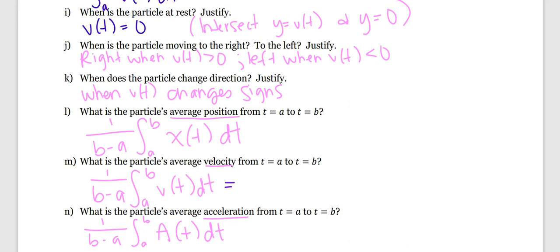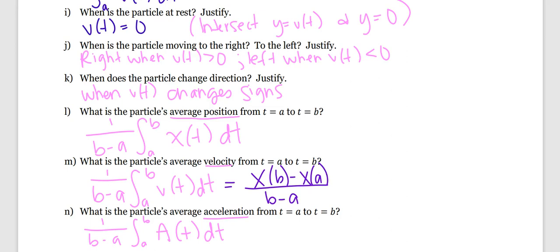Let's take a look at this first one. You've got 1 over b minus a, so I'm going to keep that. Then take a look at the integral. An integral means to antiderive. An antiderivative for velocity is what? Is position. So I can rewrite that integral as position evaluated at b minus position evaluated at a. Well, that should look familiar, right?